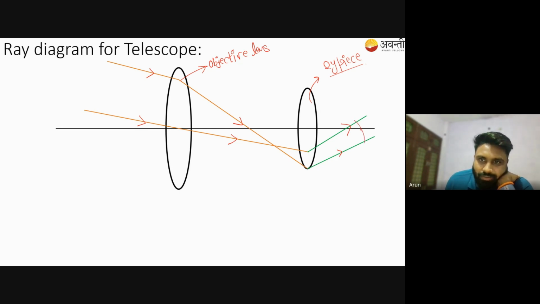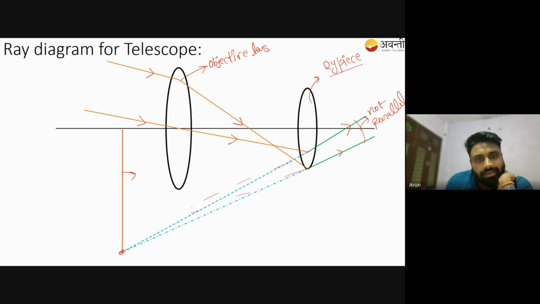But these rays are not parallel. So they will appear to meet at this point somewhere here, meaning the image will be formed here. So this is the final image.